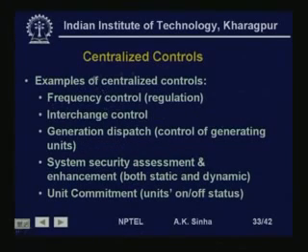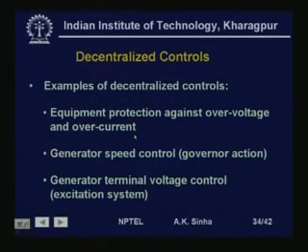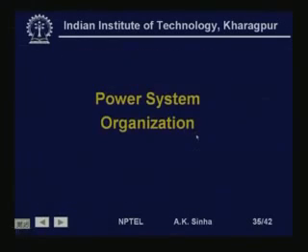For centralized control, we generally use frequency control, interchange control, generation dispatch, security assessment, and unit commitment, whereas decentralized control options are the speed governing system, protection system, voltage control system, automatic voltage regulators, or the excitation control of each generator.